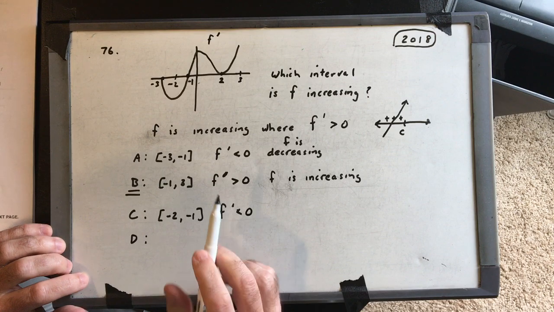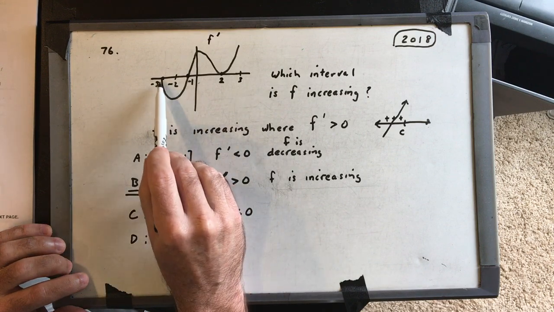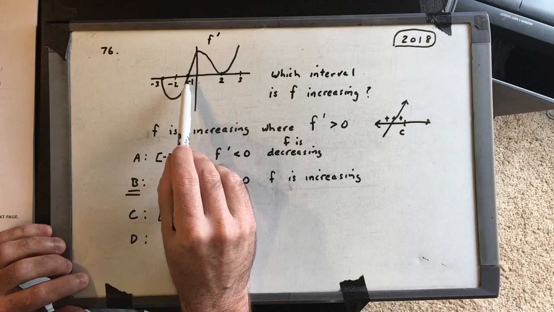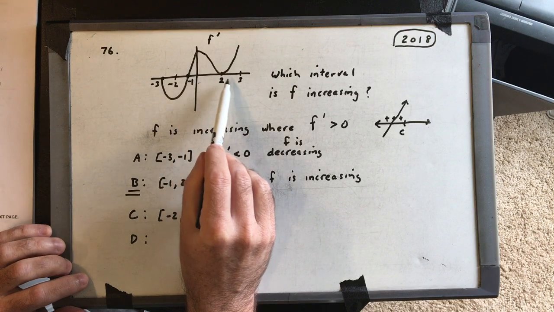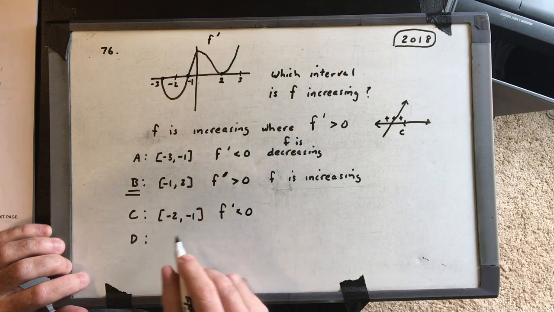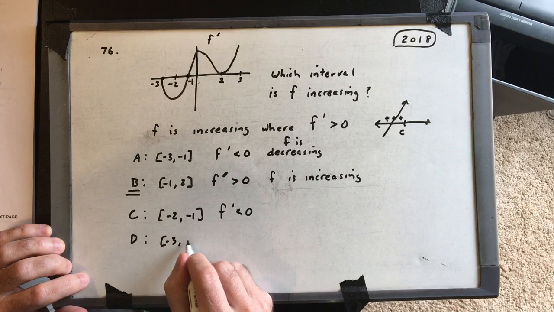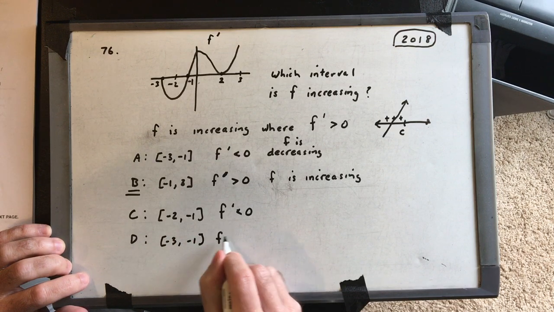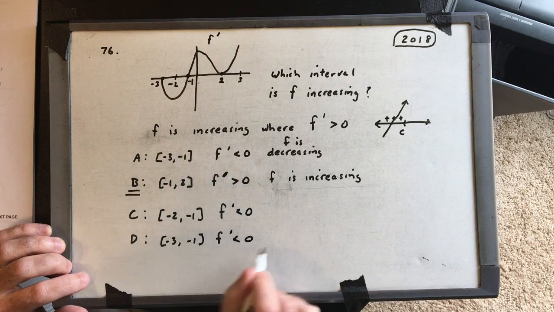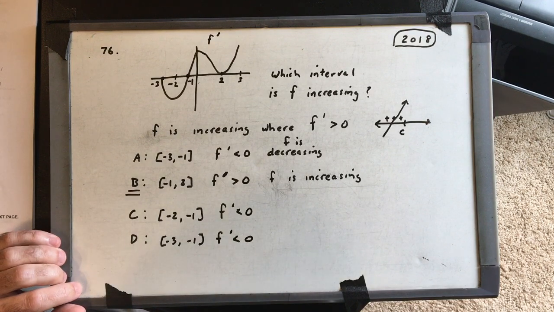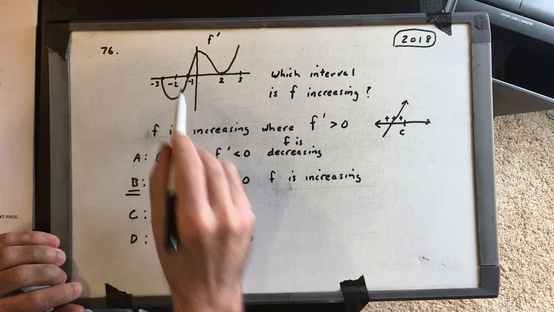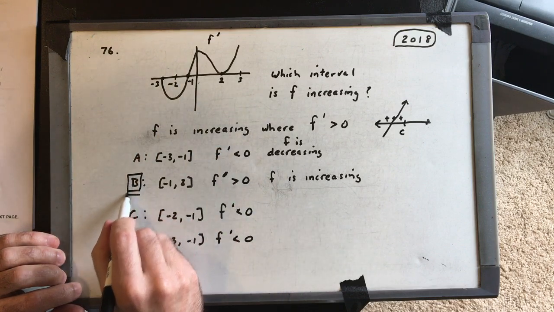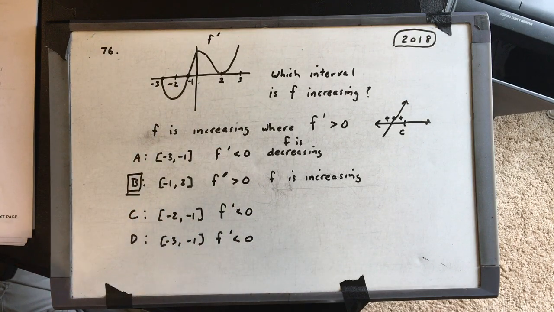And then part D says from -3 to -1 and 1 to 3. 1 to 3 would be true, but from -3 to -1, f prime is less than 0, so it's going to be decreasing from here to here. So the only option that is true for everything is B.